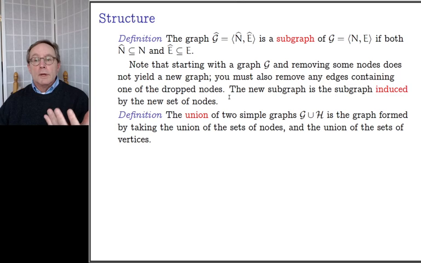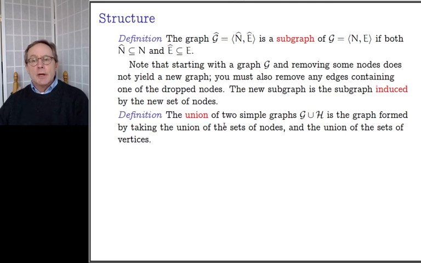So you remove the nodes, and if you remove the associated edges, then what you get is the subgraph induced by the new set of nodes. That has to do with the structure of a graph. You're trying to take a subset of a graph, so I'm making graphs smaller.